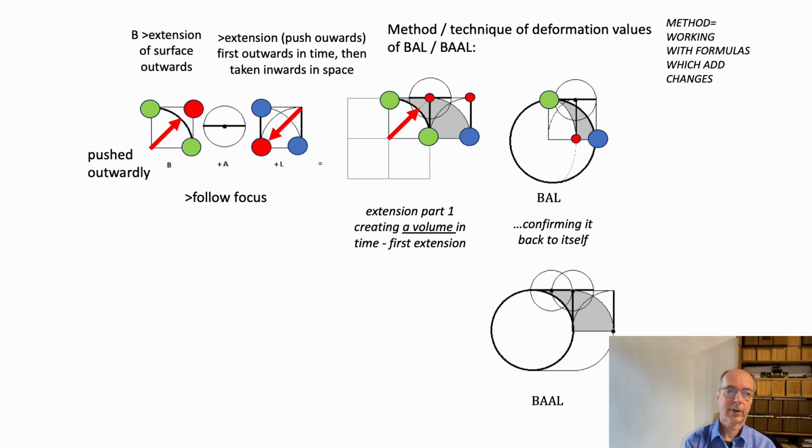So it's a bit more difficult to perform, but in BAL, with the technique that you use, you push a volume forward and then take it back in, so that you can see that it starts from one center point and goes into volumes, as if you are forming a surface on a ball.